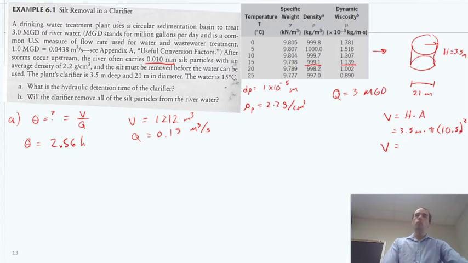Okay, so no particular reason that we had to put it in hours. I just wanted to because you can kind of mentally map how long this water is actually staying in there. It's like, oh, 2.5 hours. Okay. All right, so that's part A.